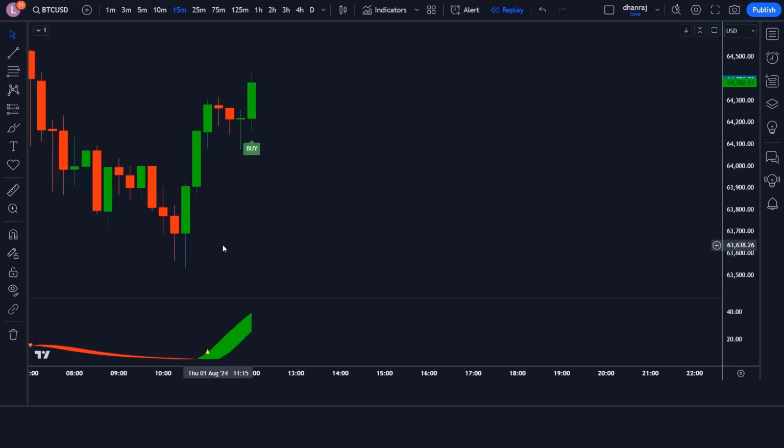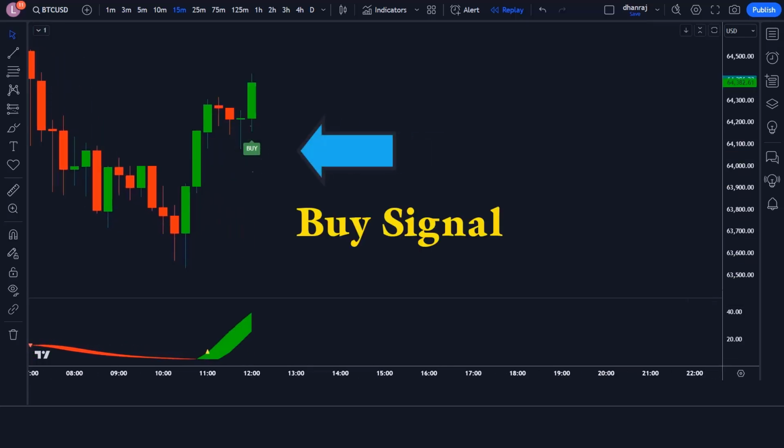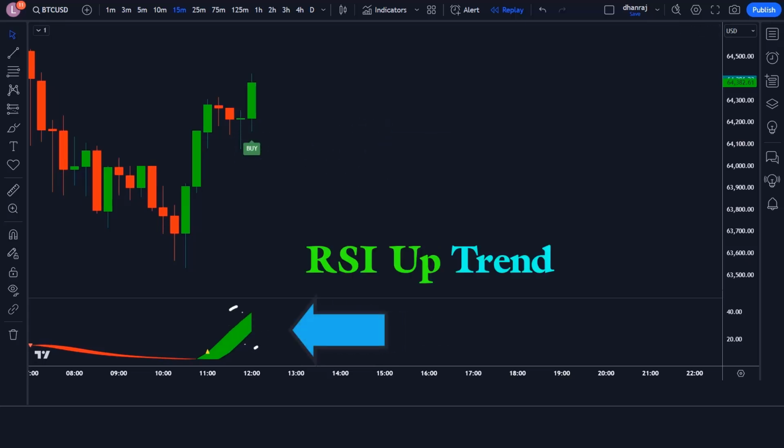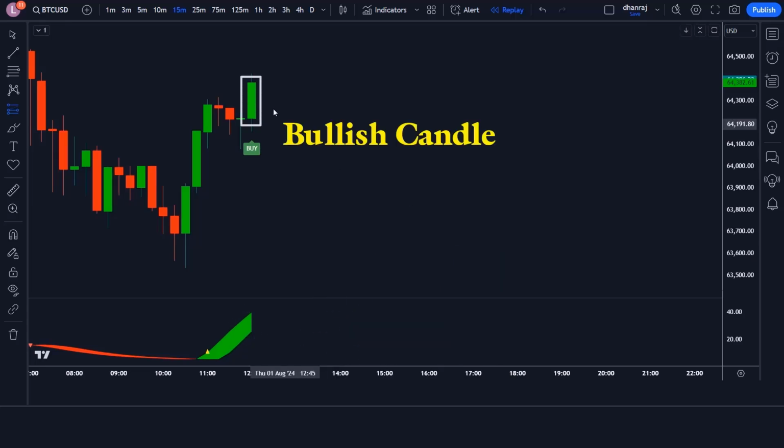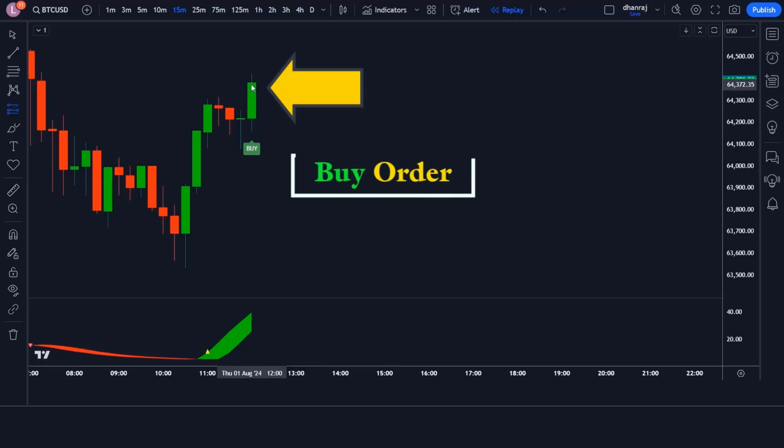We have got the signal. Here the kernel switch indicator gives us a buy signal. Here the RSI trend indicator shows RSI uptrend. Here the market has made a bullish candle to give confirmation. So all our conditions are being fulfilled, so we are placing an order to buy.